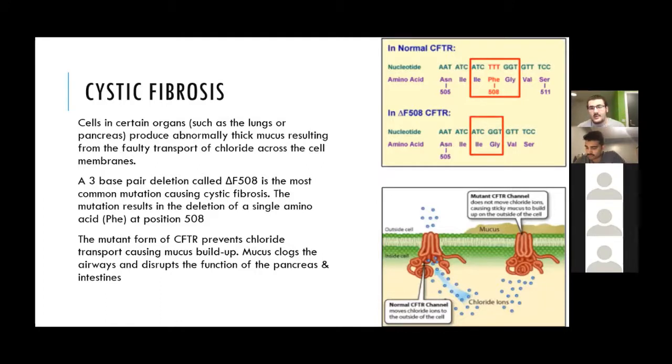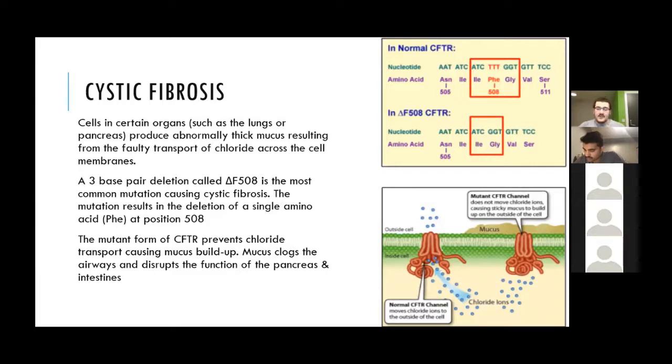This CFTR channel is responsible for the efflux of chloride from the cells. It's also responsible for regulating another channel called an ENaC channel, but you're going to get to that in the respiratory block, not now. What you need to know for now is that it is responsible for chloride efflux across the cell membrane.